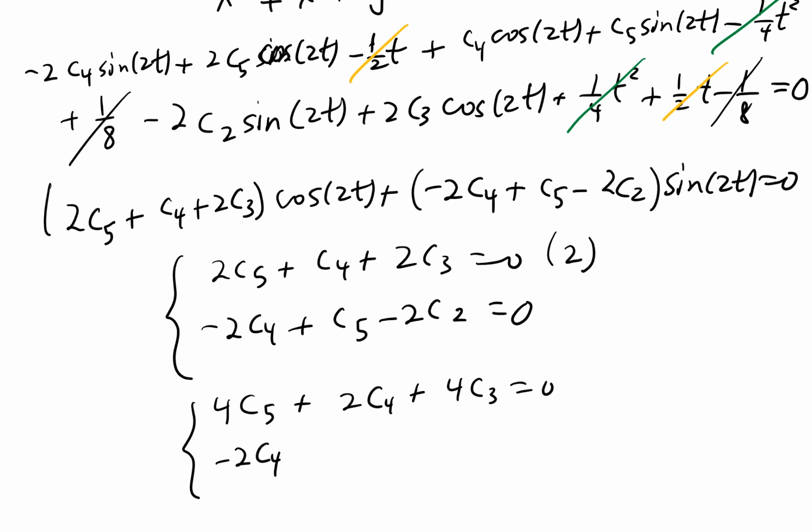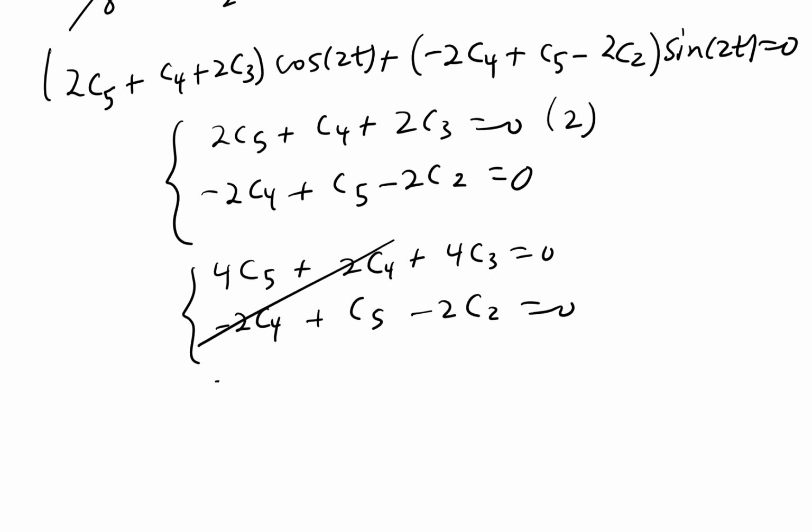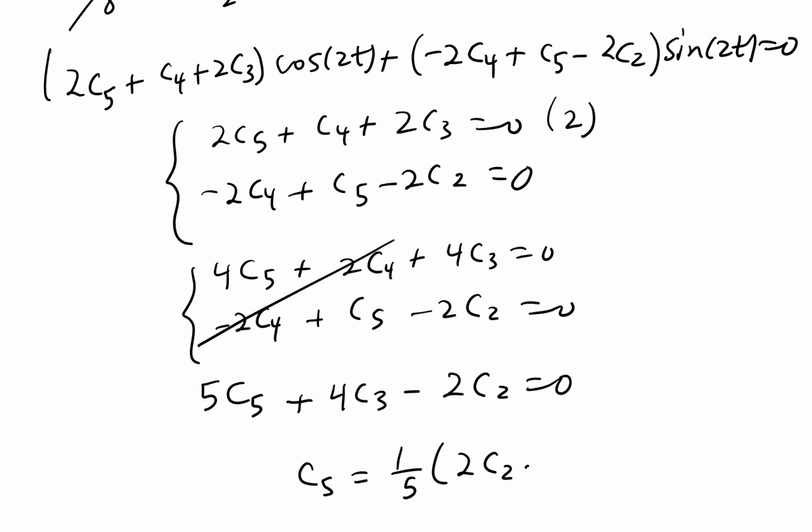Negative 2c4, c5 minus 2c2 equals 0. These cancel each other. So that gives us 5c5 plus 4c3 minus 2c2 equals 0. So c5 is 1/5 of 2c2 minus 4c3.